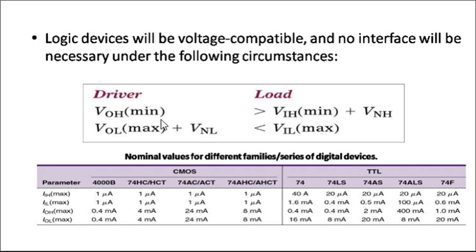So we have to check which is your driving IC and which is your load IC. If the driver voltage is less than the load's required voltage, then we require the interfacing. If the load IC voltage requirement is lower, there is no need for such an interface. We just connect the output of the first to the input of the second.